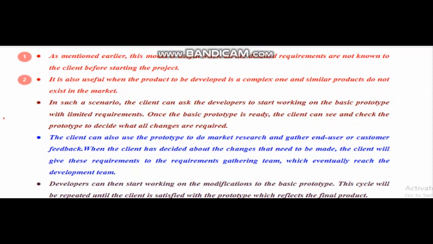Secondly, when the information or requirements for the product development are more complex, or the product itself is complex, and we are going to develop this product for the first time. When we are building the product for the first time in the market, we can go for the prototype approach. These are the two basic areas where we apply this kind of model.